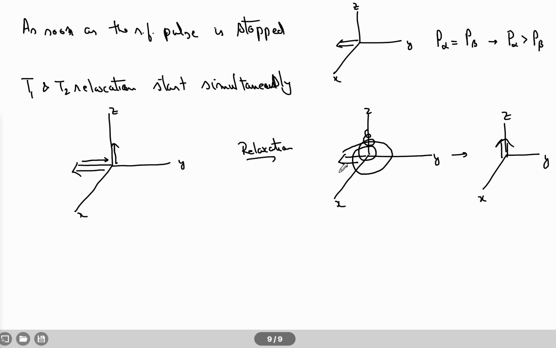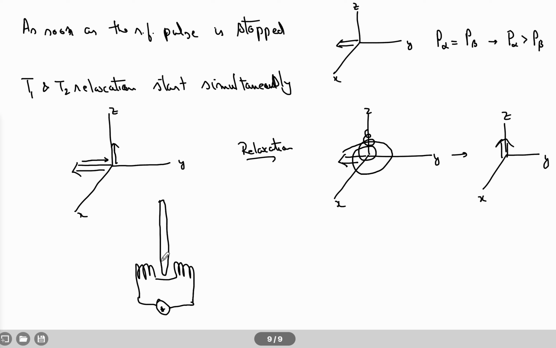But now the important thing is that when these two processes are happening, the transverse magnetization is relaxing back to the thermal equilibrium state via T1 and T2 relaxations. The coil around the sample now, so this was our coil, this was our sample, and this was our coil, which is connected to, let's say, an ammeter.